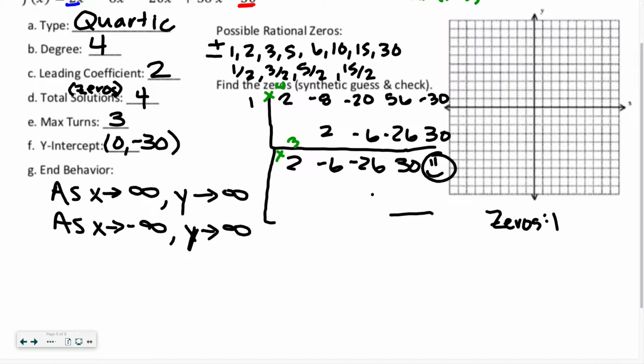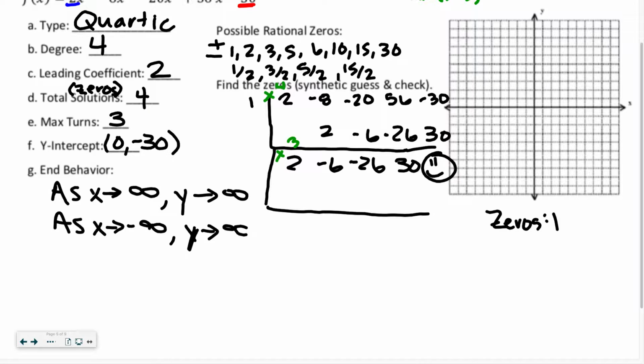What else do you want to try? We checked 1 and 3. 2. 2, 4, negative 2, negative 4. Oh, almost. 6, negative 30 is going to get multiplied by 2, and that's not going to be a 0. Boo.